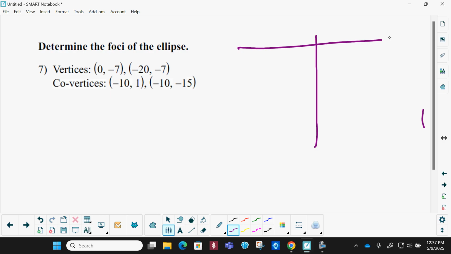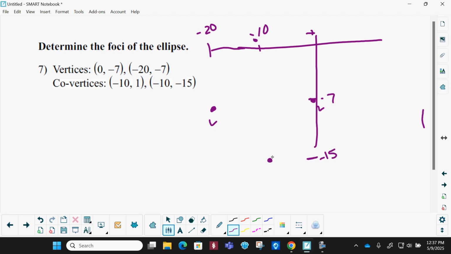You're going to count 0, and I'm going to just go ahead and do -7 there. So 0, -7, and -20, and -7. Okay, those are my vertices. -10 and 1 and 15.